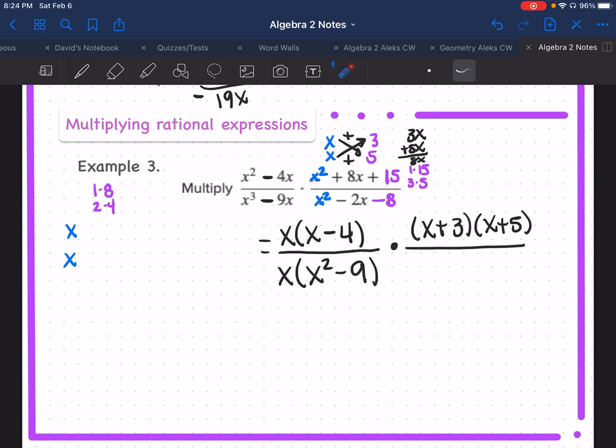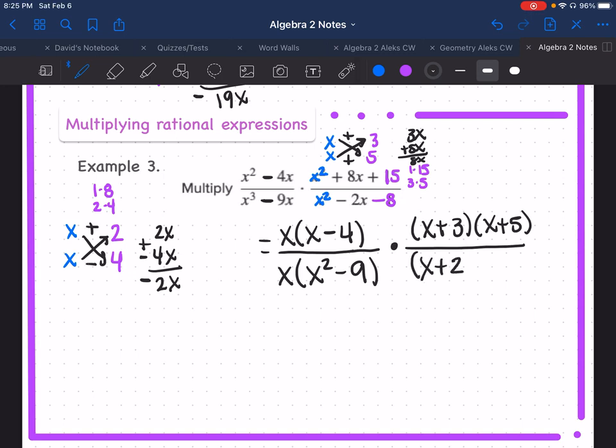I can get a 2 with the 4 and the 2, so I'm going to go with 2 and 4. And then I'm just going to work it out to see which one would give me my negative when I'm done. Okay, so I know I can get 2x. I'm pretty sure I can get negative 2x, and I can if I make the 4 negative. So x plus 2, x minus 4.